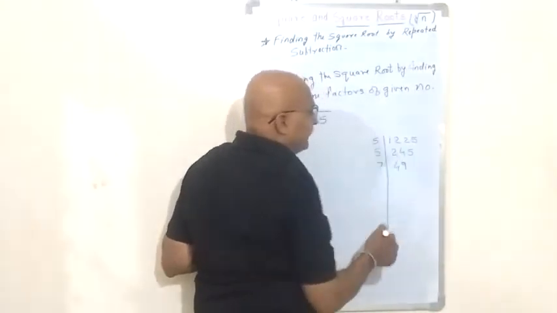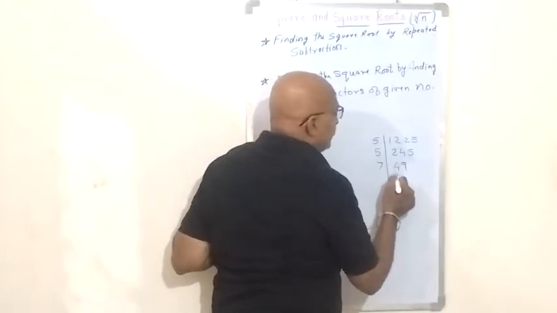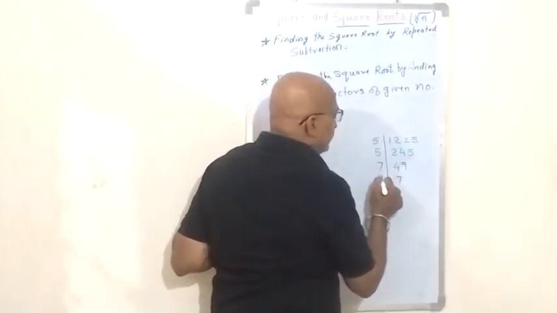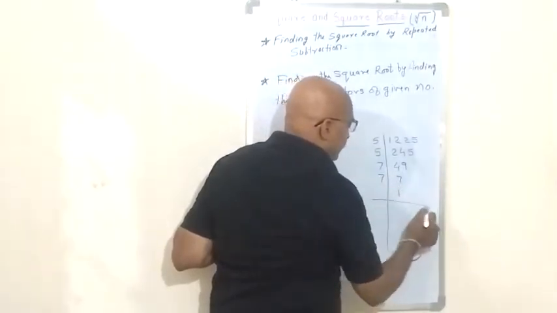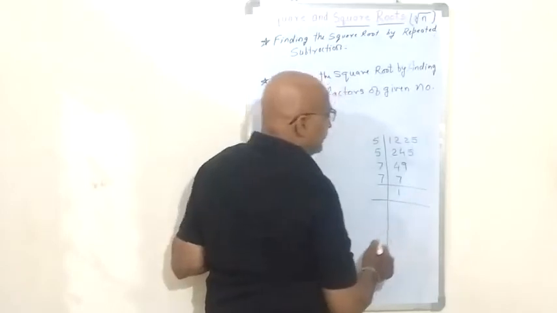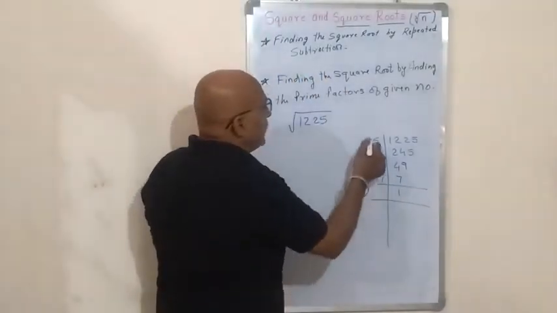After 5 the prime number that comes is 7, so 7 7s are 49, and 7 1s are 7. So here we end with the factorization. Now see here, what are the factors?